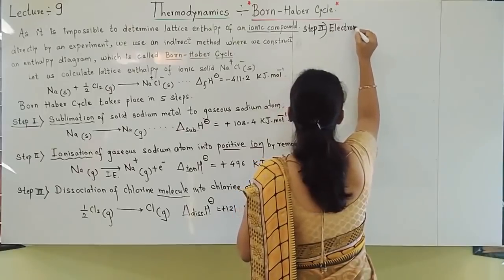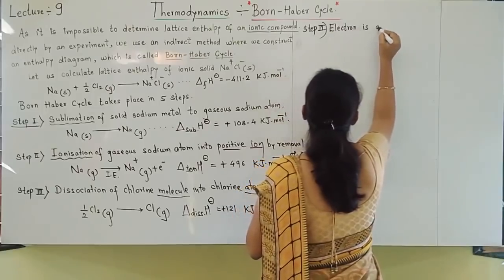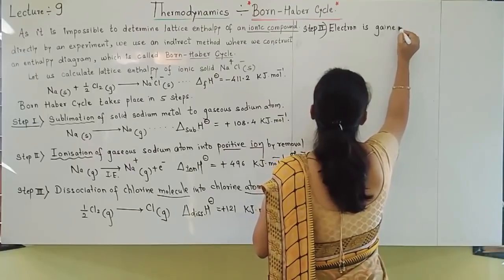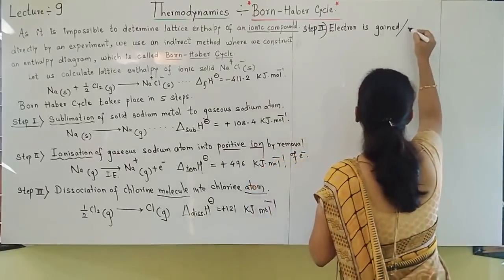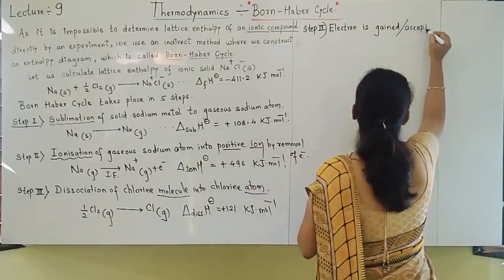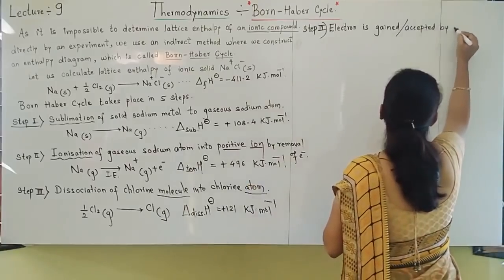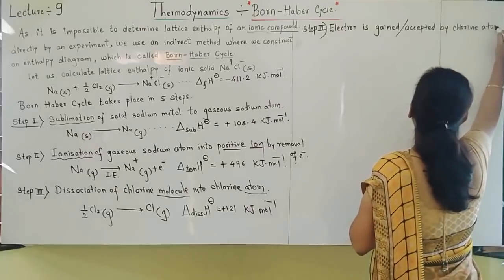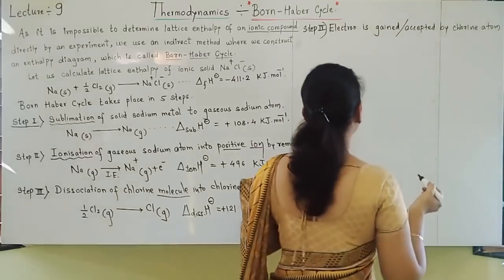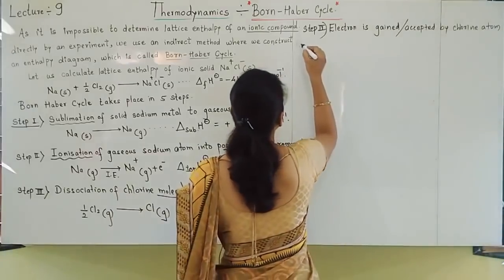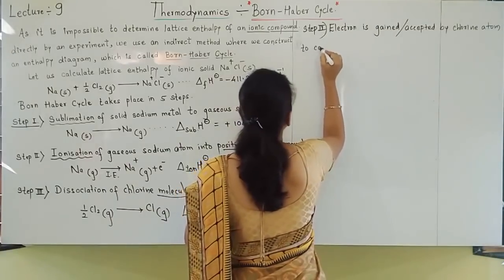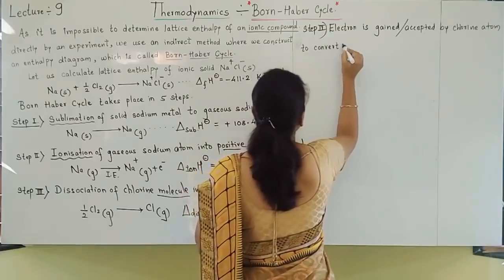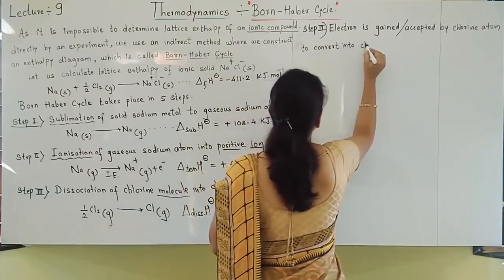Electron is gained or accepted by chlorine atom to convert into chloride ion.